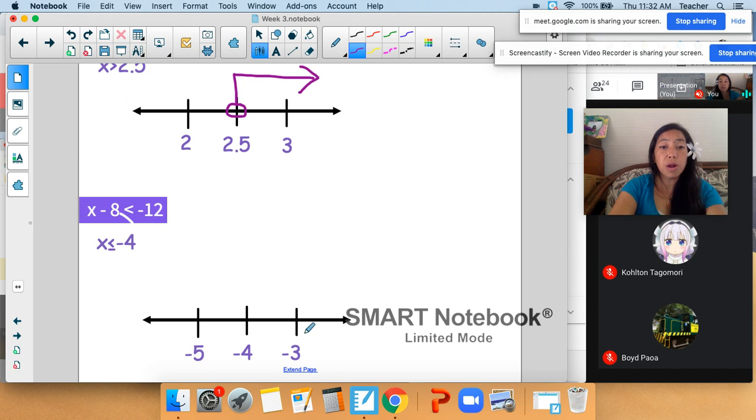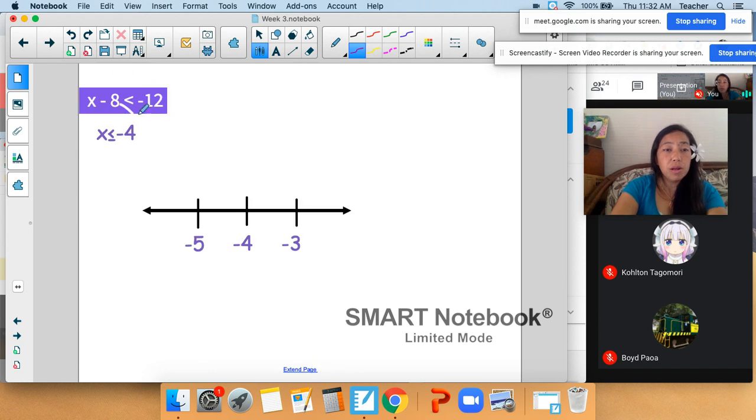If we look at this problem, we had x is less than or equal to -4. Because it has that equal sign, if I put in -4 for x, is -4 less than or equal to -4? The answer is, well, yeah, it is.